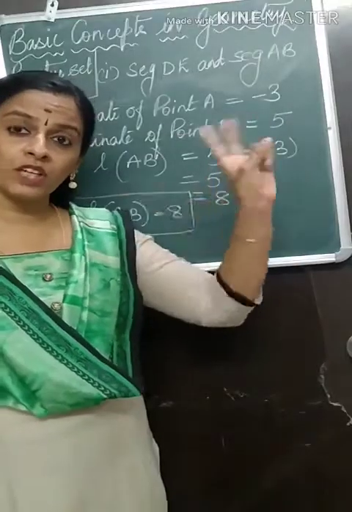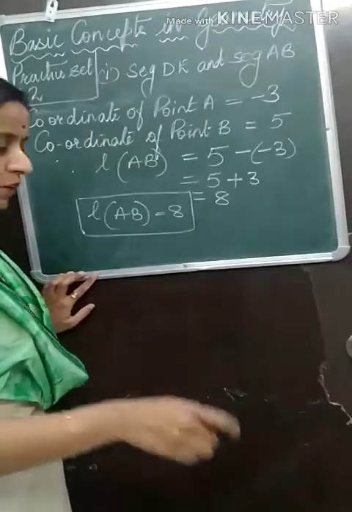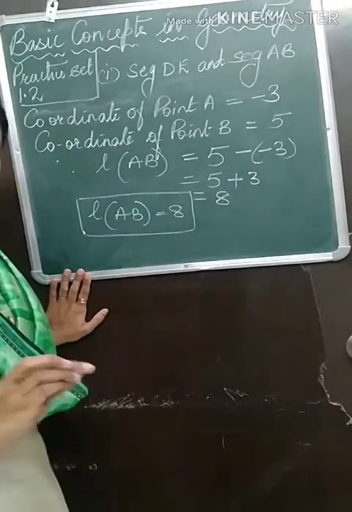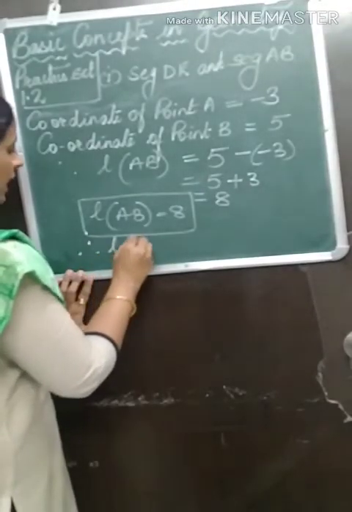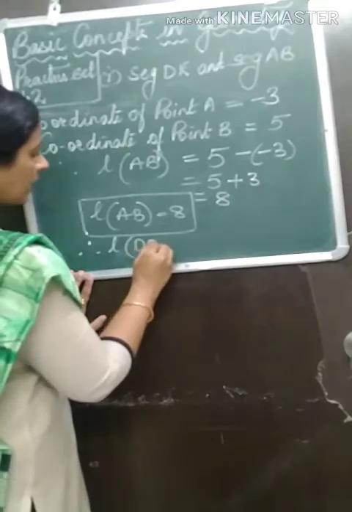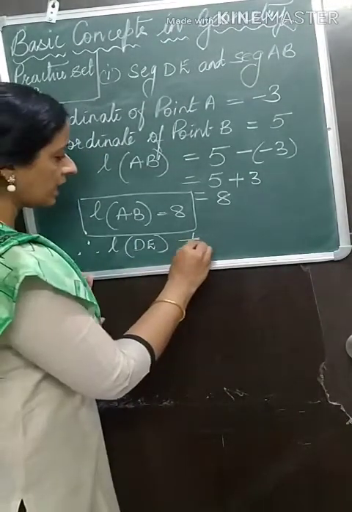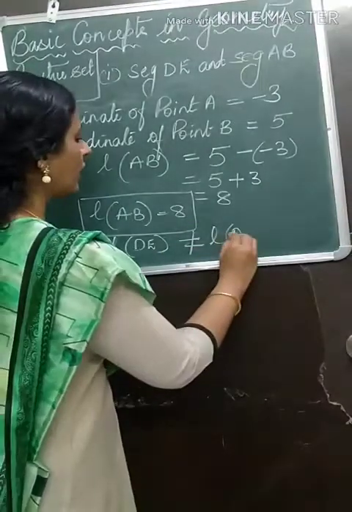Now compare both the lengths. How much had you got for length of DE? 16, no? But 16 and 8, are they equal? Are the lengths equal? No. So last step you will write: therefore, length of DE is not equal, cut the equal sign, is not equal to length of AB.